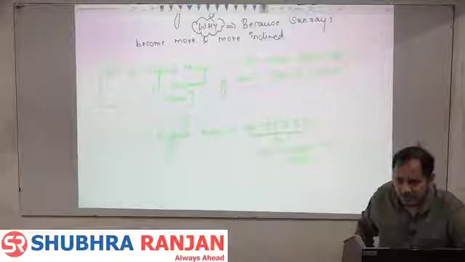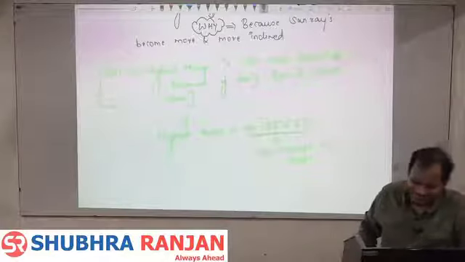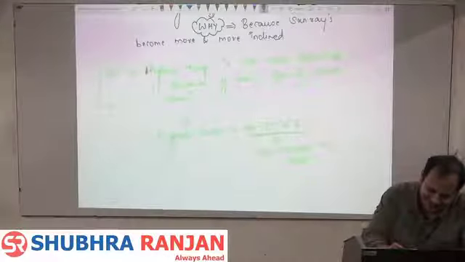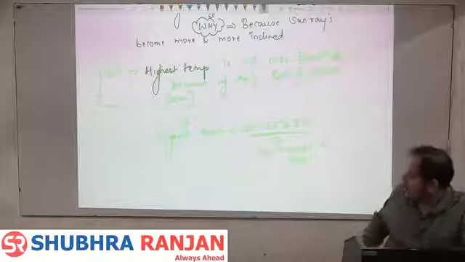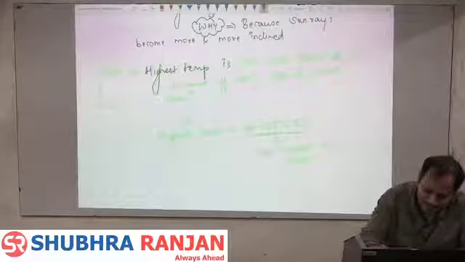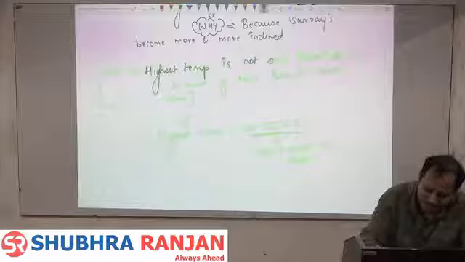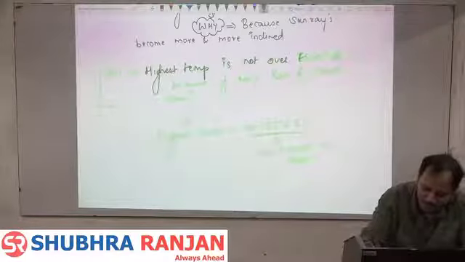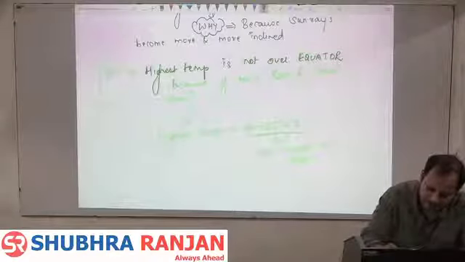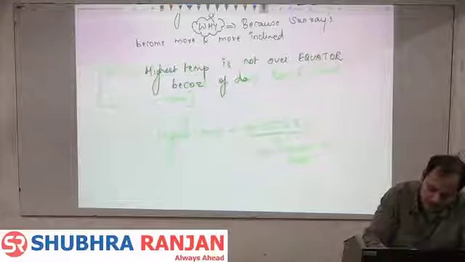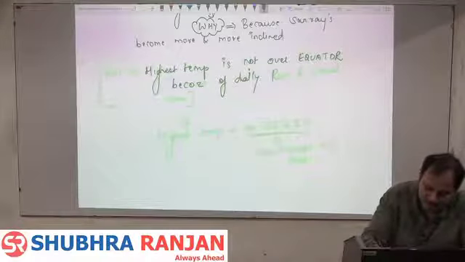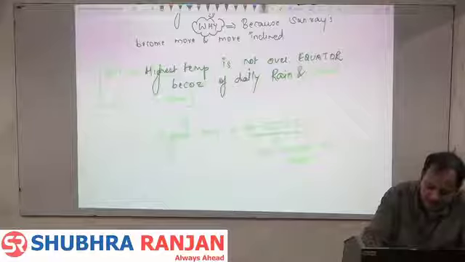Is it visible properly? Highest temperature, we should have, मेरे यहाँ पे अलग कलर दिख रहा है इसलिए, is not over equator, because of daily rain and cloud cover.